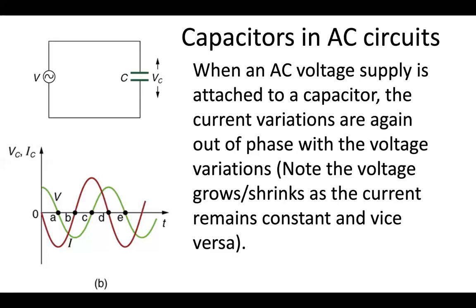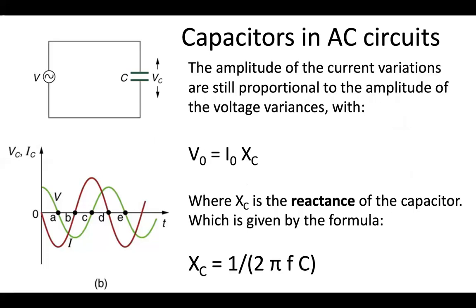And again, you get a similar sort of behavior. You oscillate back and forth, and the charges are oscillating back and forth, and the voltage across this plate is oscillating back and forth, but they're out of phase with each other. So again, this isn't like Ohm's law. Volts and current are not proportional to each other, but their amplitudes are.